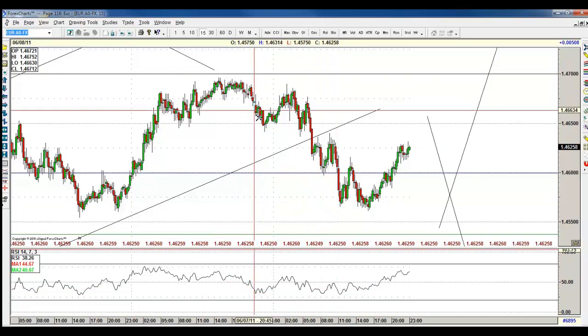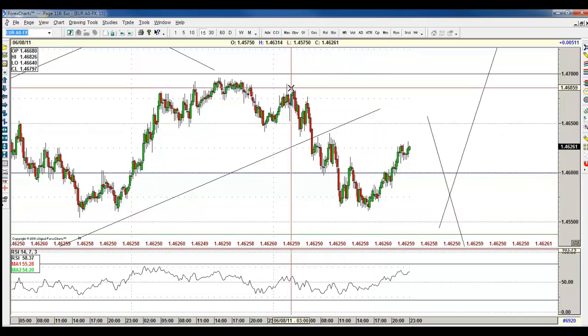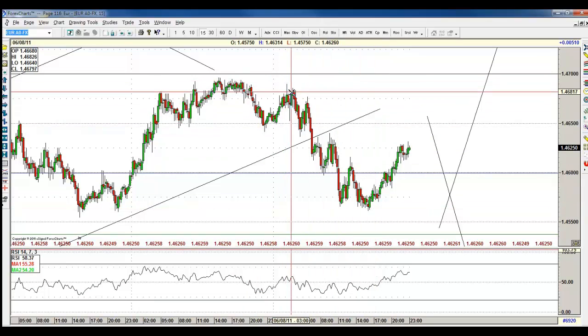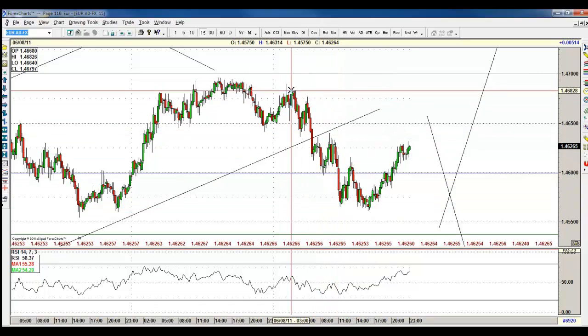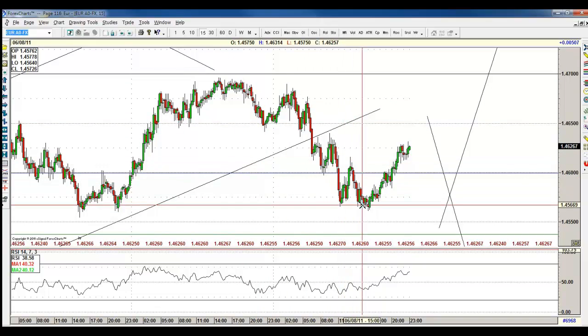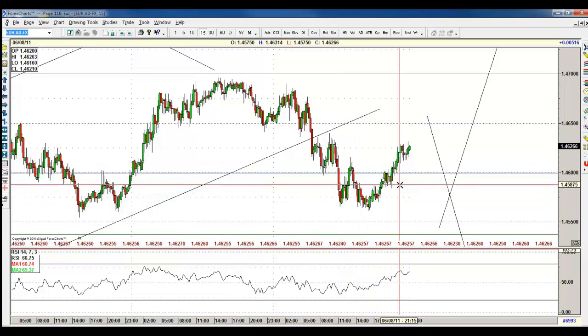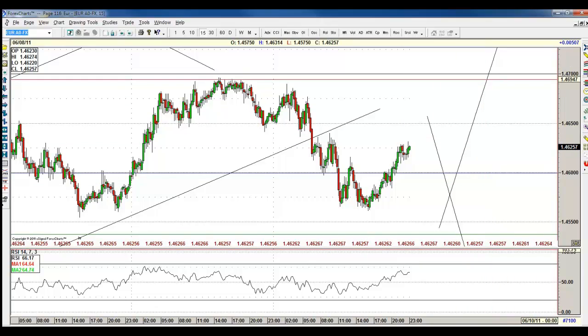I see 1, 2, can be 3, 4, 5, but right here you can count 1, 2, 3, 4, 5, 6, 7, 8, 9. So you can count 9 waves here, you can count a wave here, and you can count a wave here. So again, iffy all you want, sure nothing. Best way to trade, wait for confirmation.